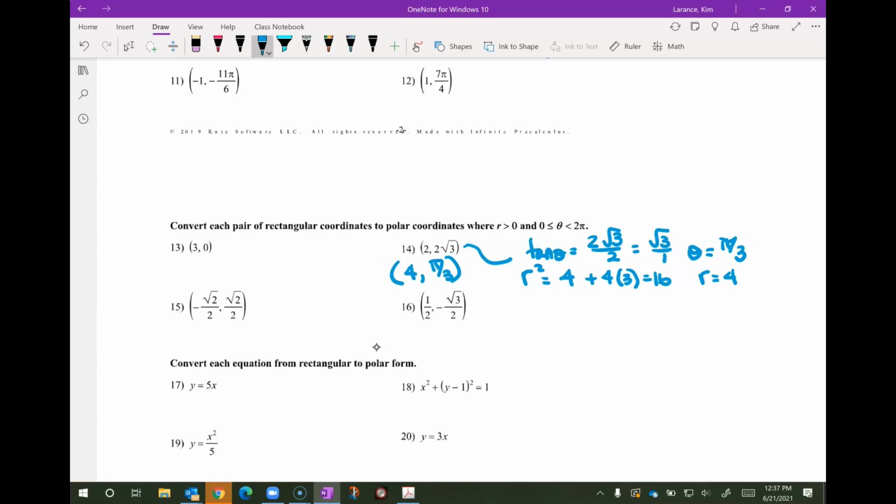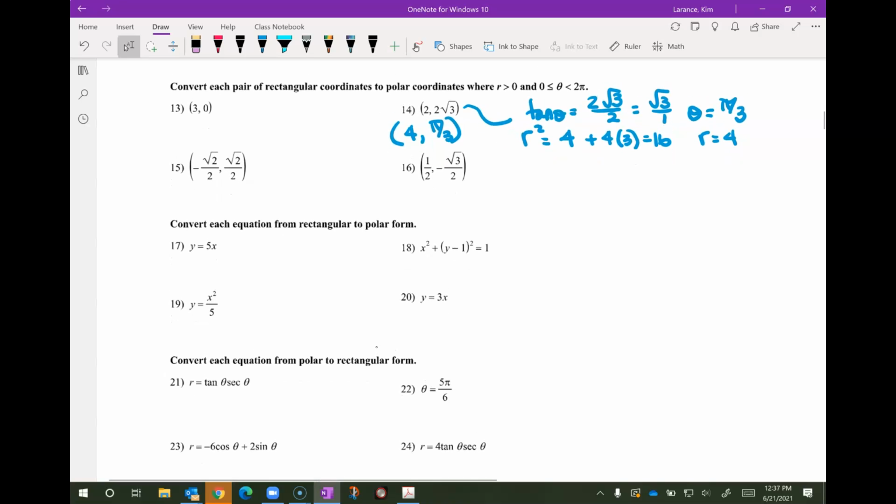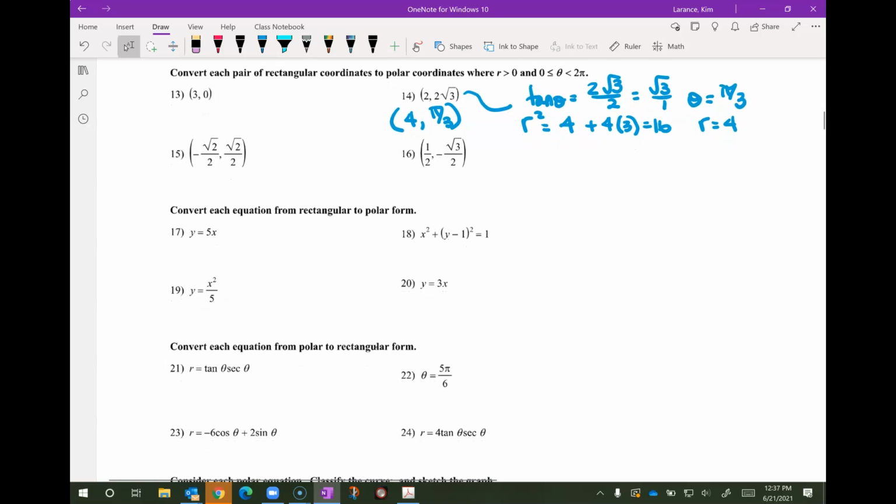Okay? Converting each from rectangular to polar, again, you're looking for y's to be r sine theta, x's to be r cosine theta. And anytime you have an x squared plus a y squared, you can replace it with an r squared.